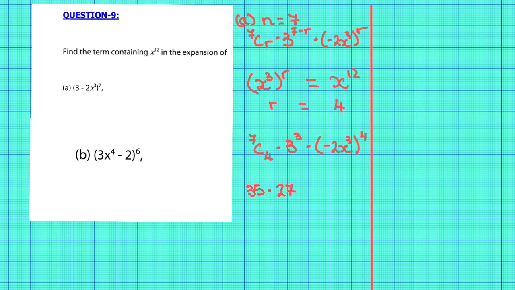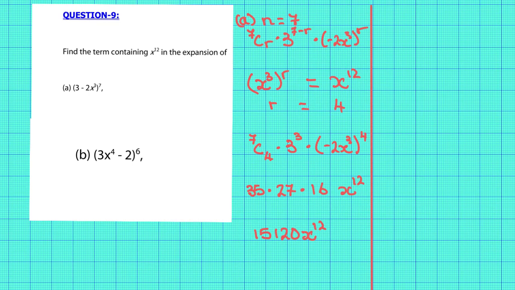Minus 2 to the power of 4 is 16. x to the power of 12. Multiplied out gives 15,120 x to the power of 12.